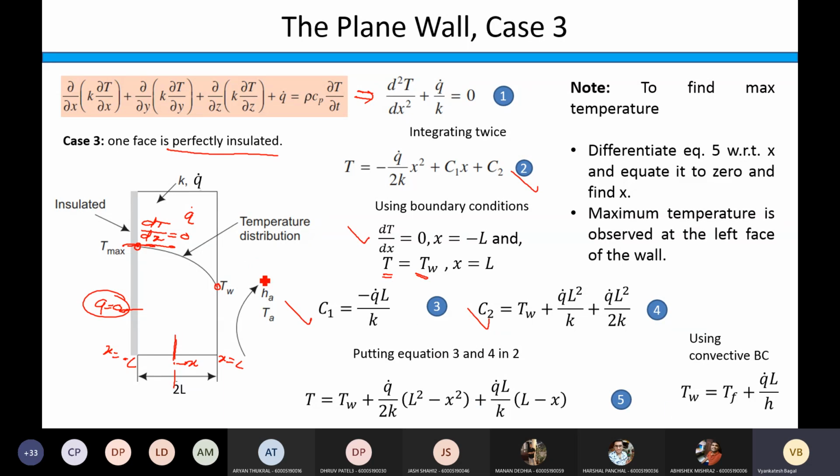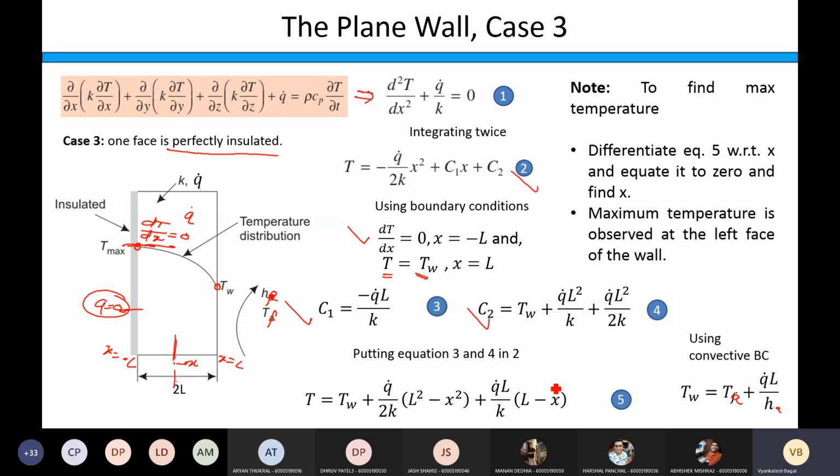So you can replace this wall temperature Tw as Tf plus Q dot L by H, or here they have written Ta, so you call it Ta and this as Ha. Or you can change the notation to Tf and this as H, and use the same Tf plus Q dot L by H, so that it will be similar to the previous case.